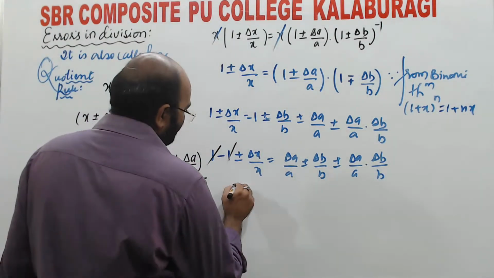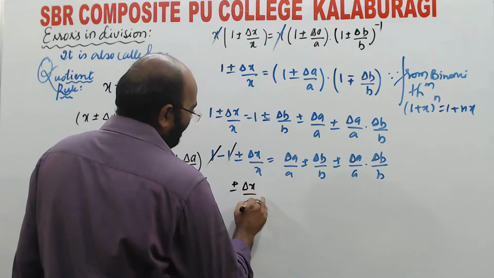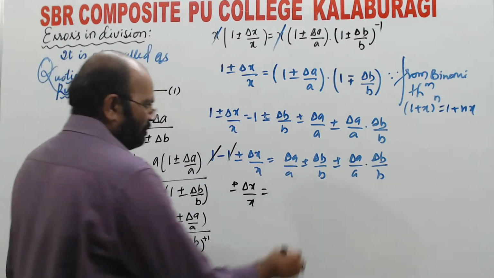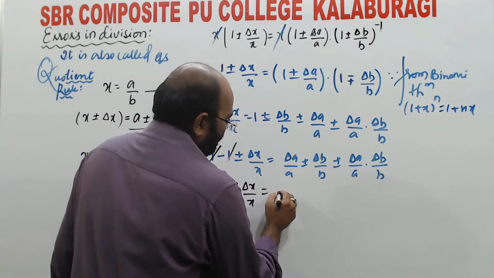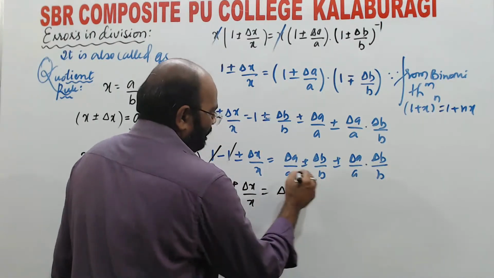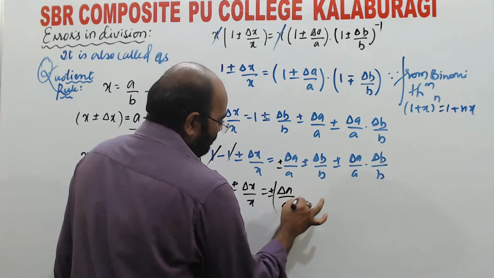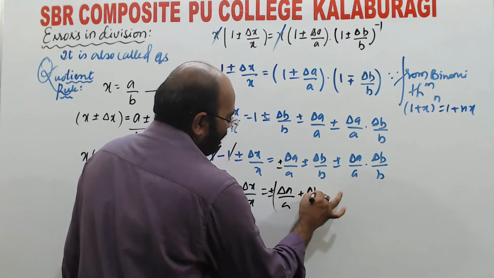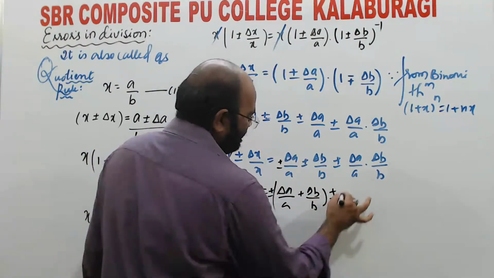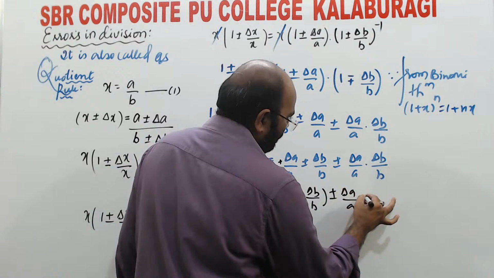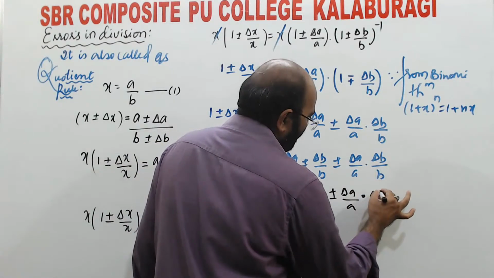You get plus or minus delta x by x is equal to again delta a by a plus or minus delta b by b plus or minus delta a by a into delta b by b.